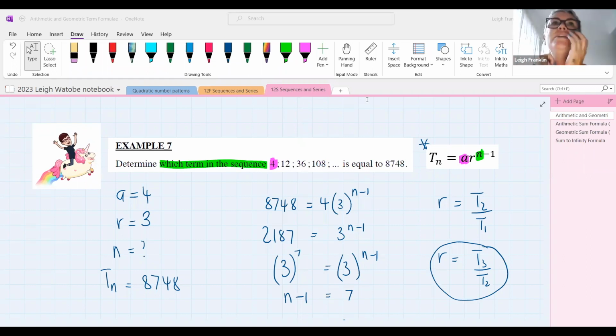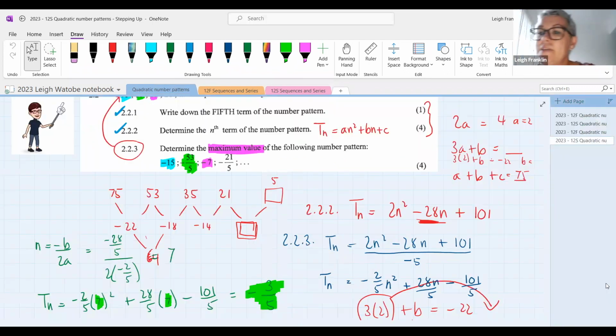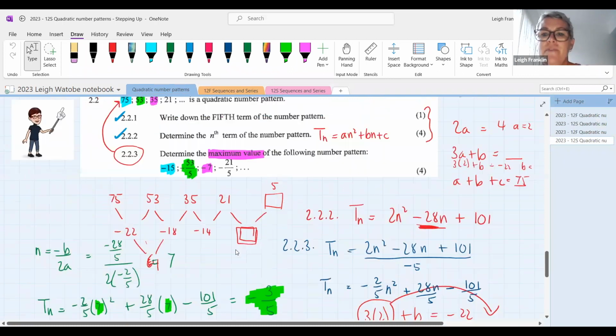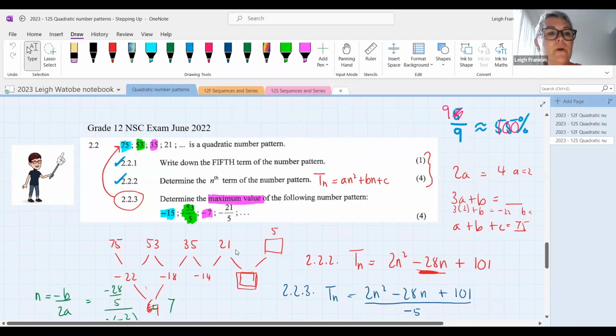Okay, so when you're finding the nth term for a quadratic sequence, you've got to use those rules: 2a, 3a plus b, and a plus b plus c. I don't know if you remember, we did this the last time. Let me see if I can go back and find something. In this particular question, 75 was our first term, 53 was our second term, 35 was our third term.